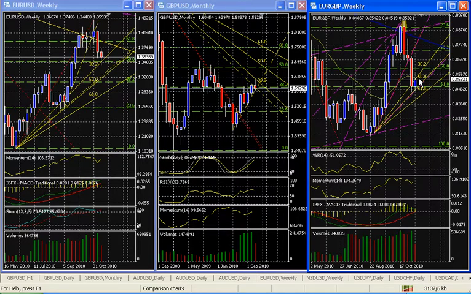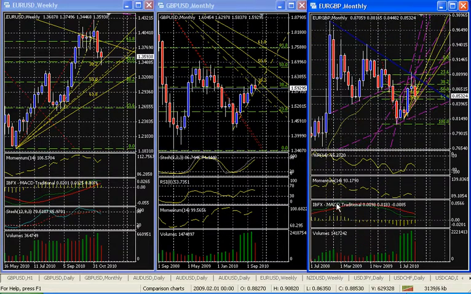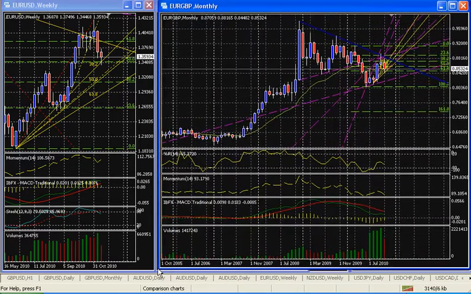So with that said, with this correction, looking at it more on a monthly basis, although it may be too tight for you to see, let's expand it.